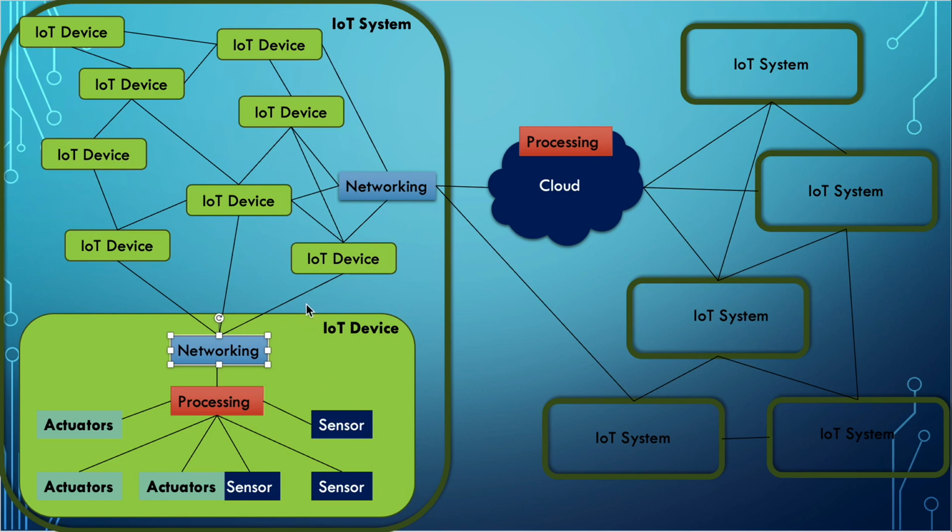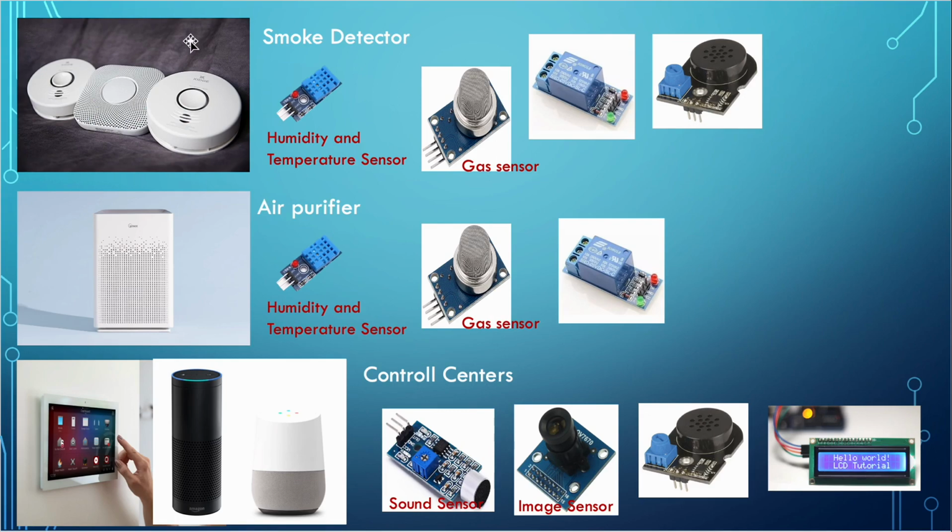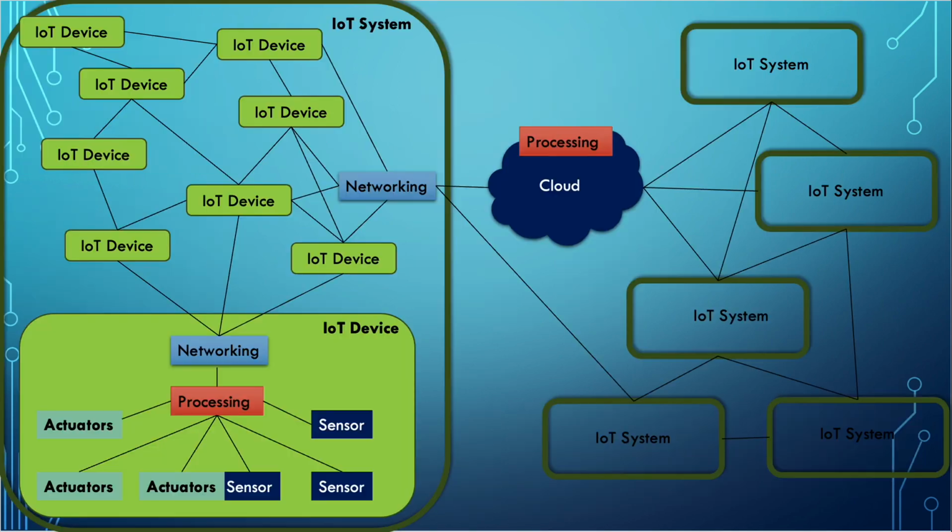So when we talk about each device, we are only talking about this particular section. We are only talking about an IoT device, only this, which has sensors, processing power, actuators, and networking capabilities.